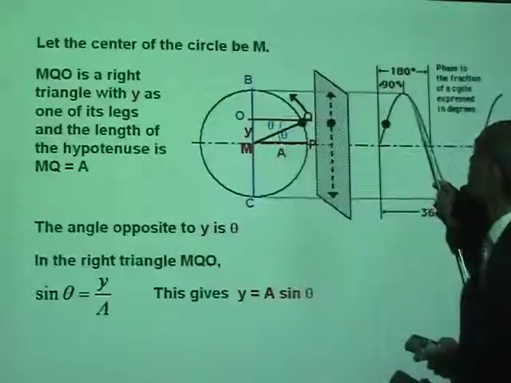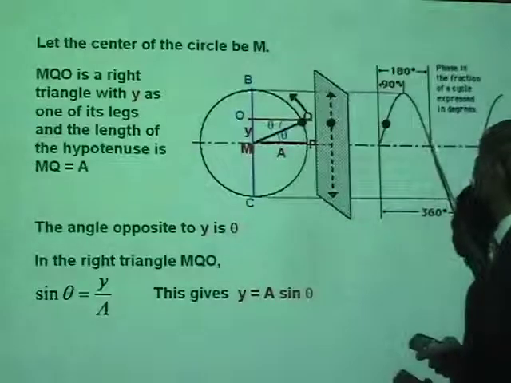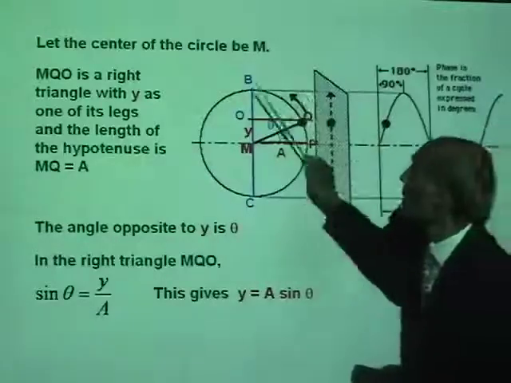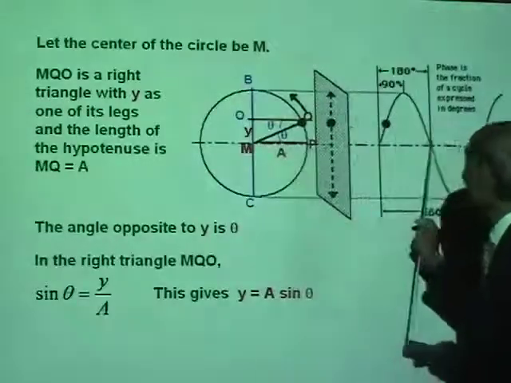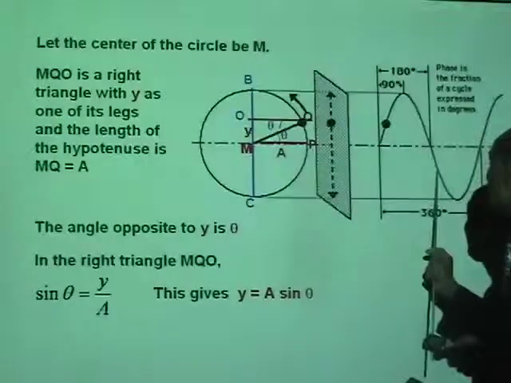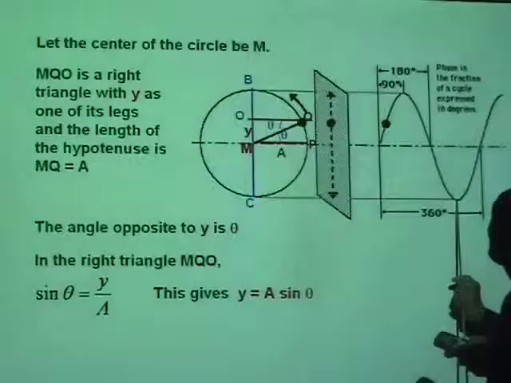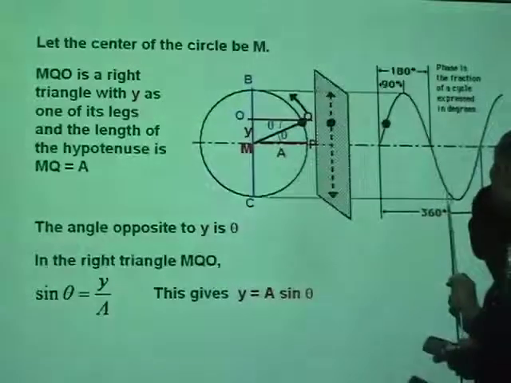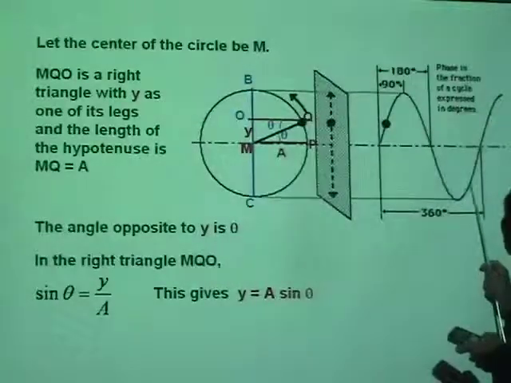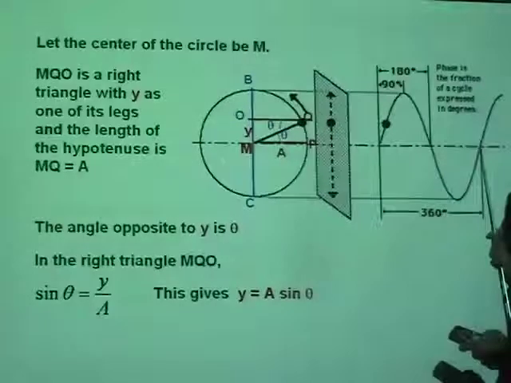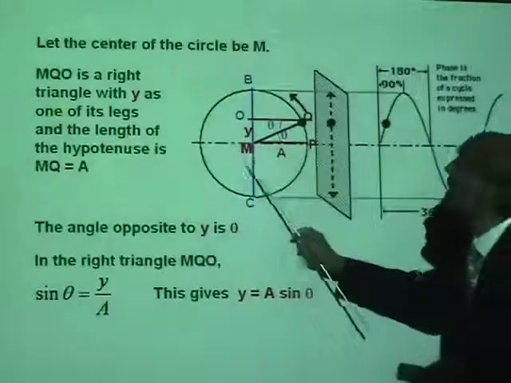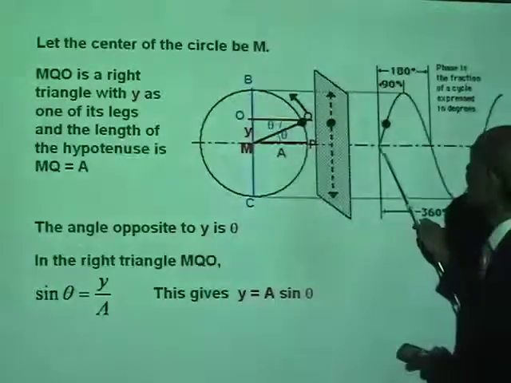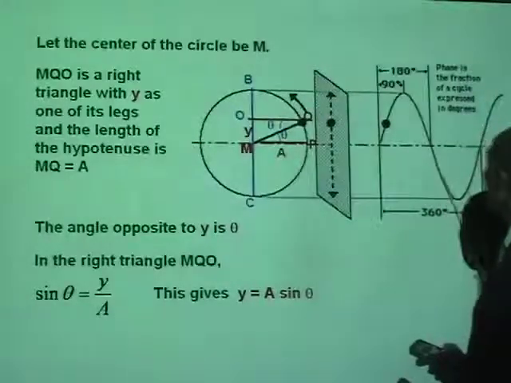And the displacement decreases to 0 when the angle is 180 degrees or pi radians. And the displacement decreases to negative A when the angle is 270 degrees, and the displacement increases to 0 when the angle is 2 pi or 360 degrees. Can you figure out this graph?